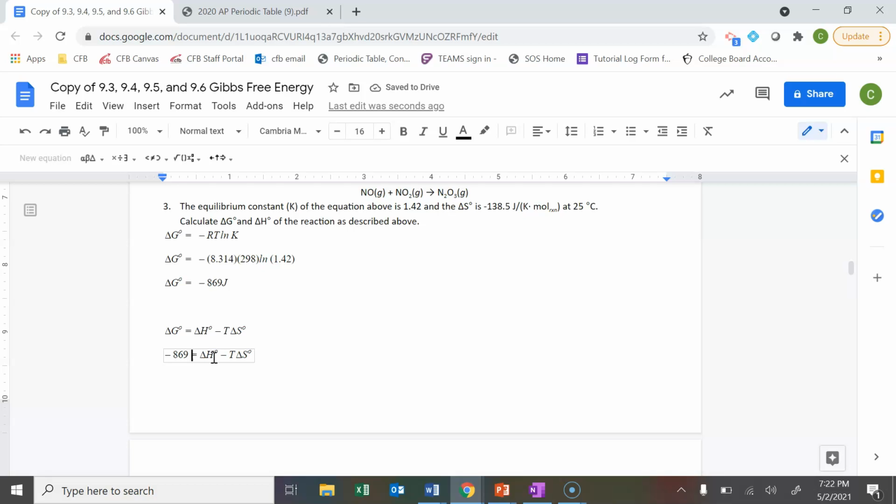Delta H is what I'm looking for. I have a temperature of 298 Kelvin. I already figured that out for my equation up here. And then delta S was given to me as negative 138.5 joules per Kelvin mole.